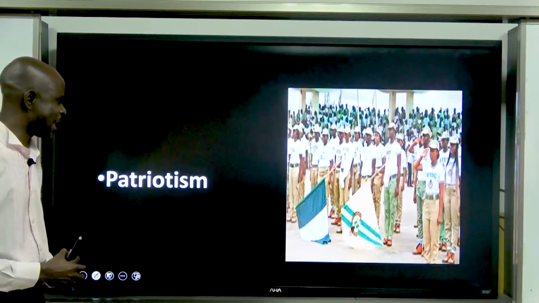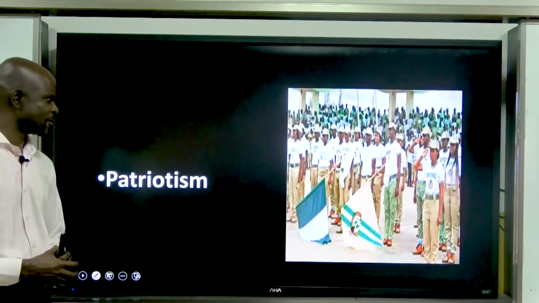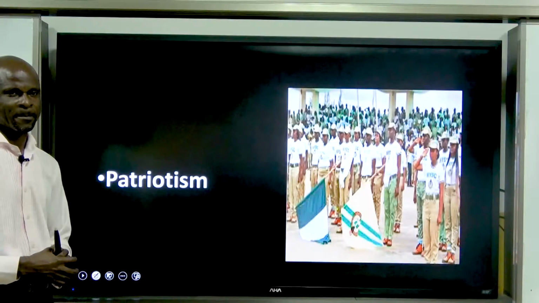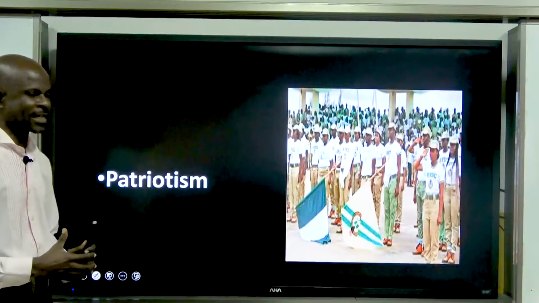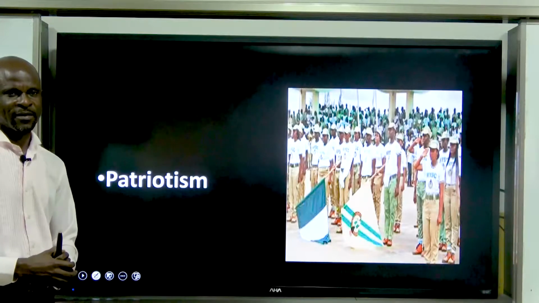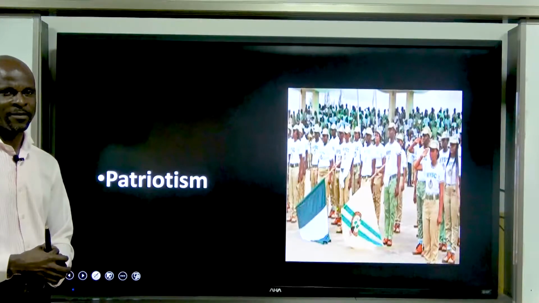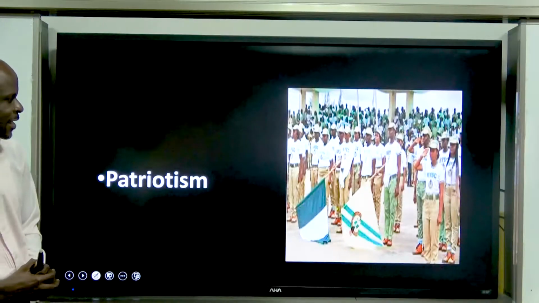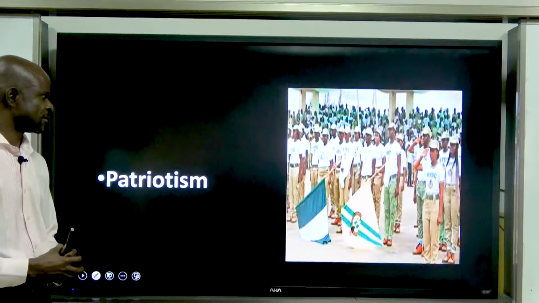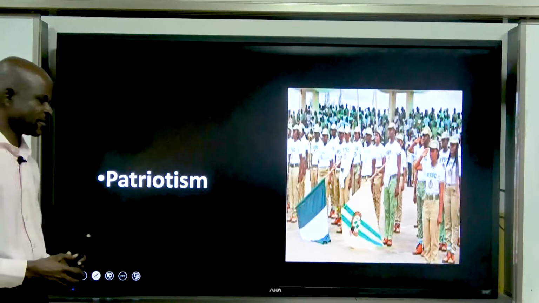An example of that is the National Youth Service Corps in Nigeria, NYSC. A group of students that have graduated from higher institutions, polytechnics, and universities, and are serving their country for 1 year before they go and engage in other activities. Patriotism is a group behavior.